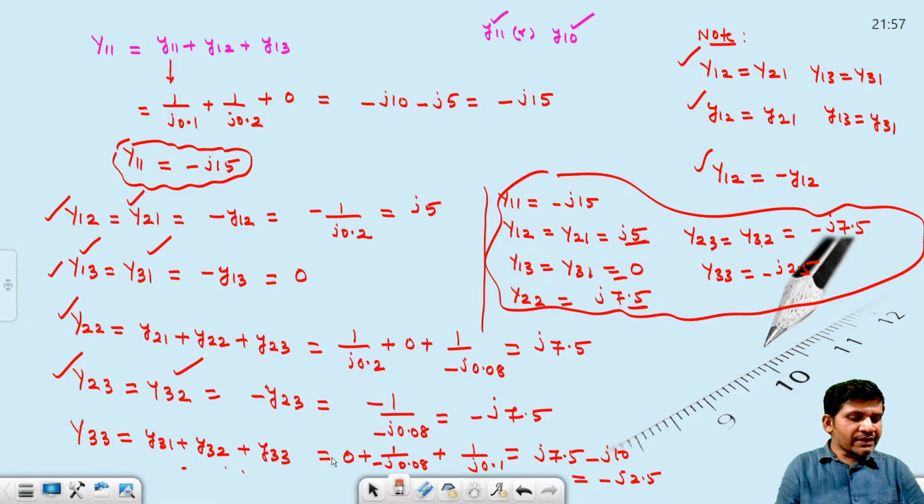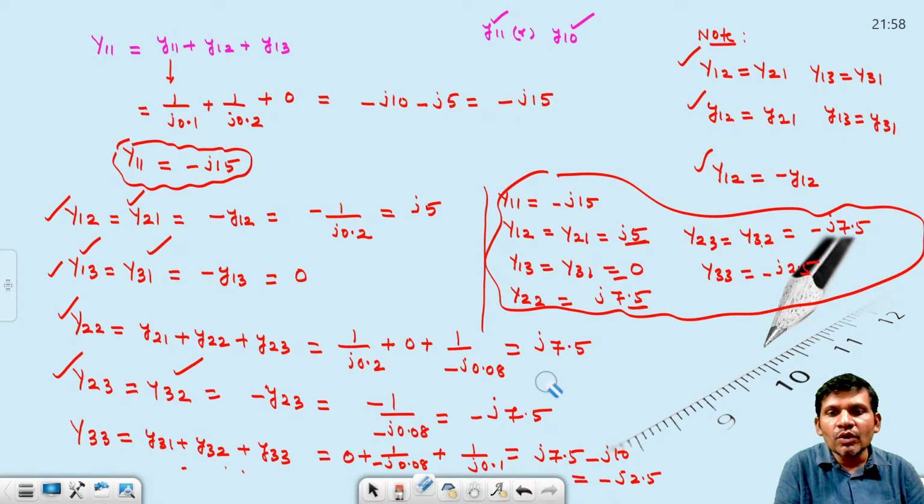Can you please check this calculation? 1 by 0.08 is 12.5. This is J0.5 minus J12.5.